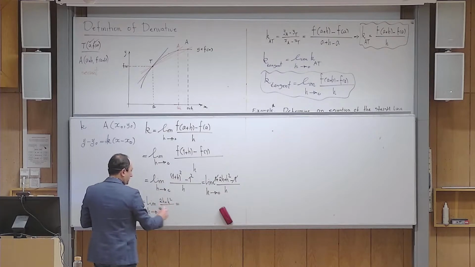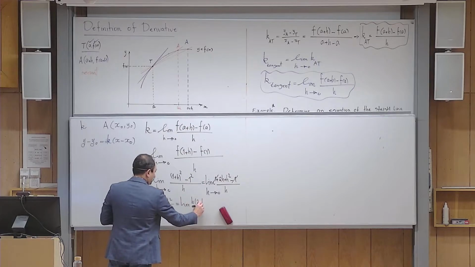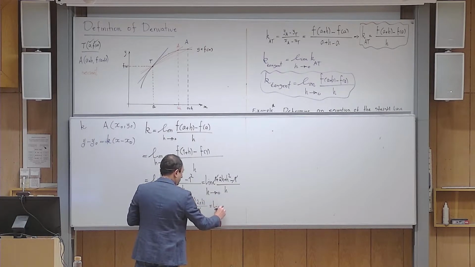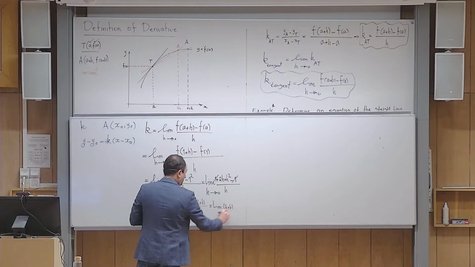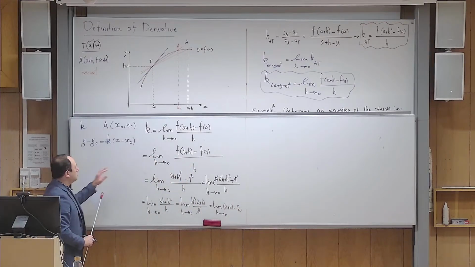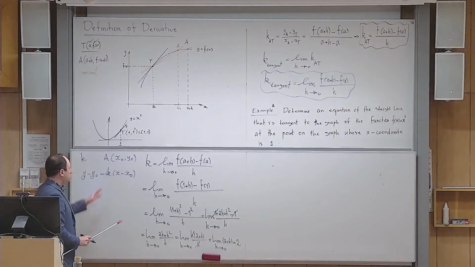But I factor h out in the numerator. But then this h and that h are cancelled. So this becomes the limit of 2 plus h, h goes to 0. And then the answer becomes 2. So the k value of that tangent line is indeed 2. And then everything is ready.